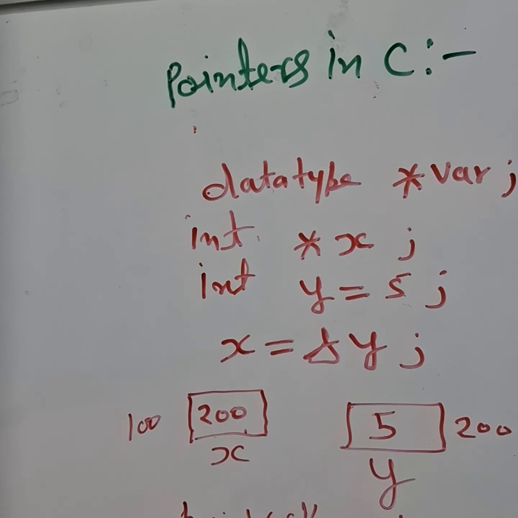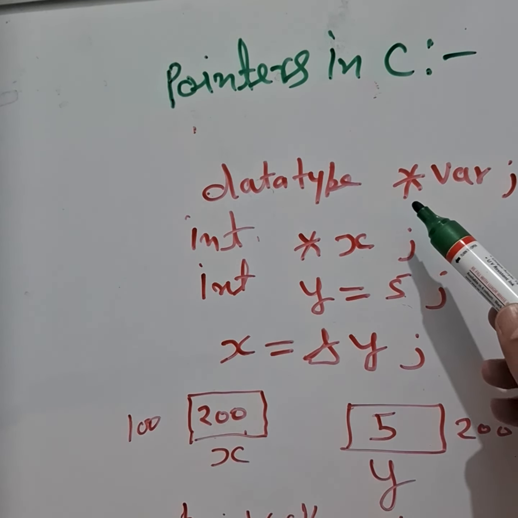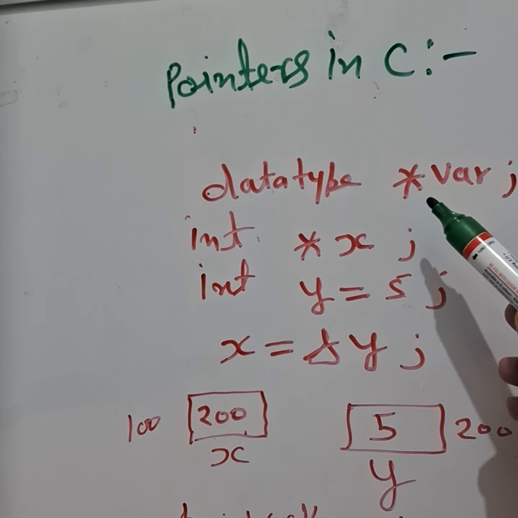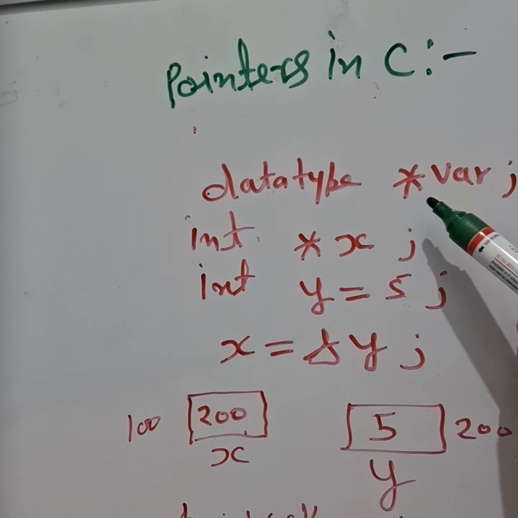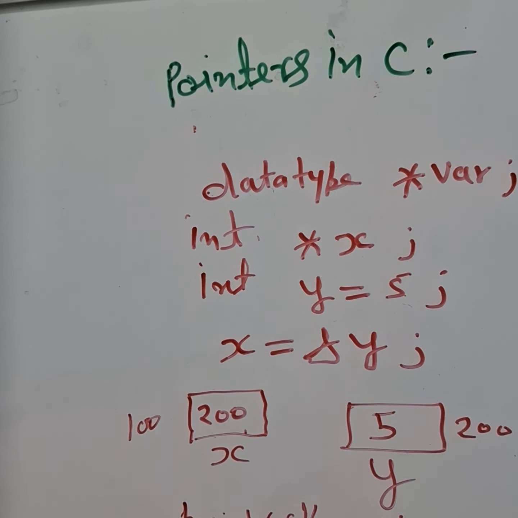As far as the declaration of pointers is concerned, it will be declared with first the data type, then an asterisk, which is sometimes called the dereferencing operator or indirection operator, and then the name of the variable. This name of the variable is obviously an identifier.